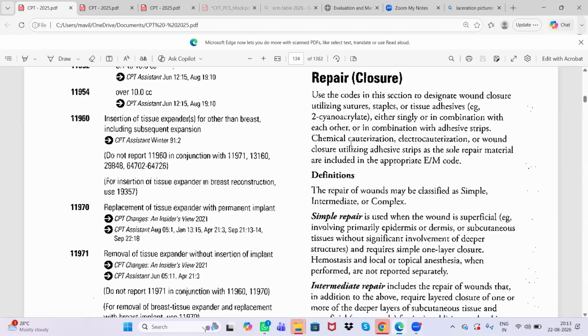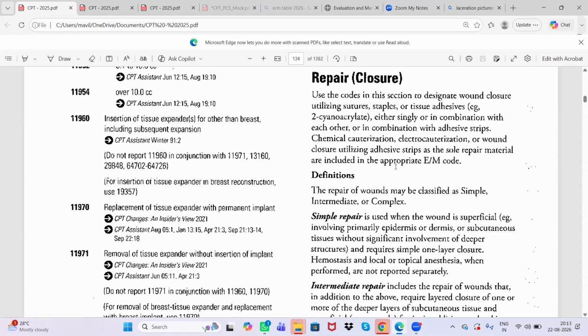Next, chemical cauterization, electrocauterization, or wound closing utilizing adhesive strips as the sole repair material are included in the appropriate E/M code. When can we code E/M and when can we code repair? We can code repair when the provider used sutures, staples, or tissue adhesives.